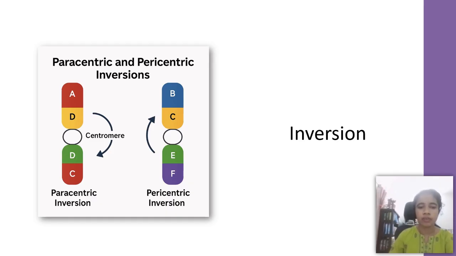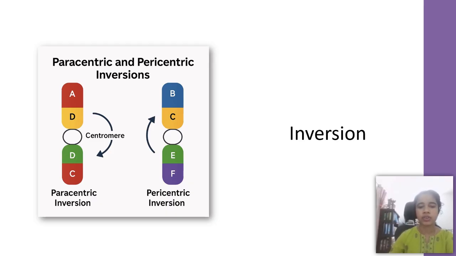In pericentric inversion, the centromere is included, so the breaks happen on both arms. For example, if you have ABC with the centromere and DEF, that turns into ABD centromere and CEF. A simple way to remember is that para means beside the centromere and peri means around the centromere.